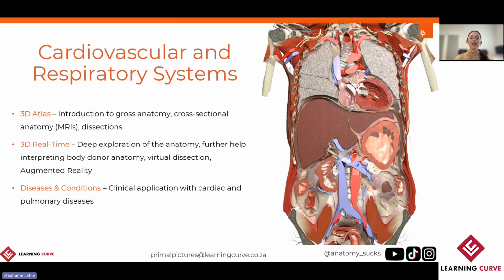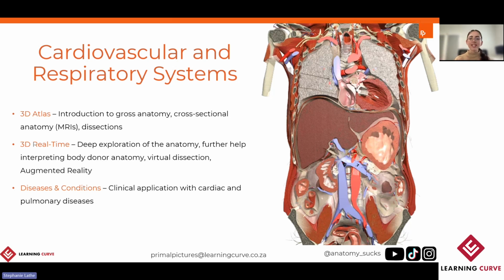We will take a look at some of the normal anatomy through various 3D models, MRI images, and dissections that will predominantly happen in 3D Atlas and 3D real-time. Then we will explore the clinical application by taking a look at some cardiac and pulmonary diseases.